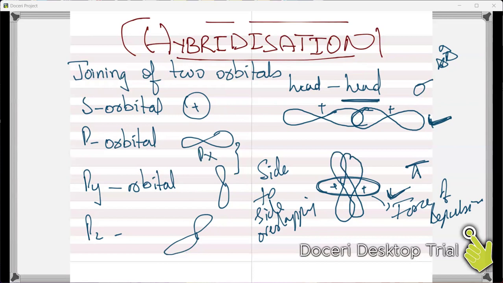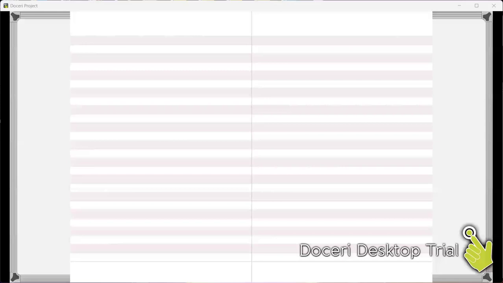You are absolutely correct. So what I meant to say over here was that when two orbitals are joining together, there are different ways of joining. But when we specifically talk about hybridization, what do we say?